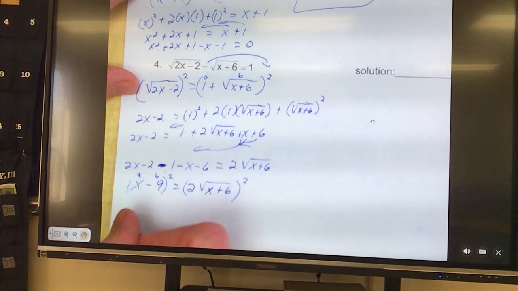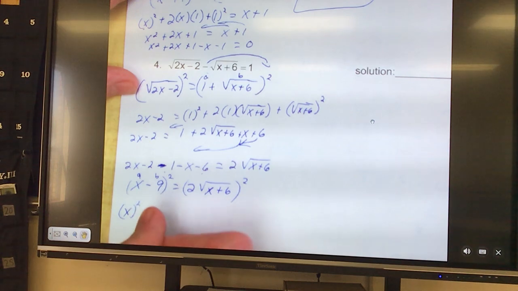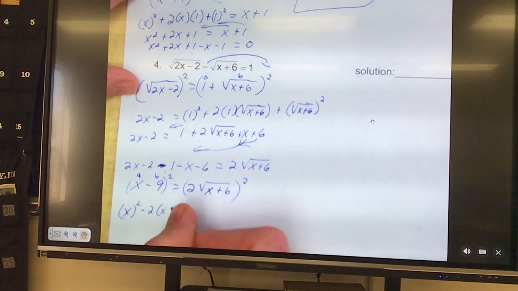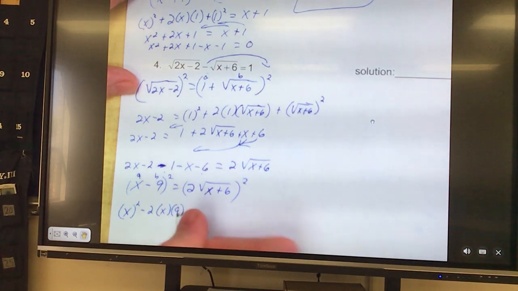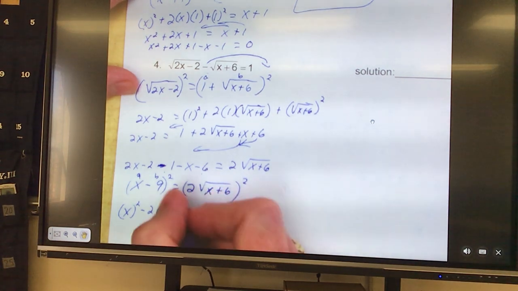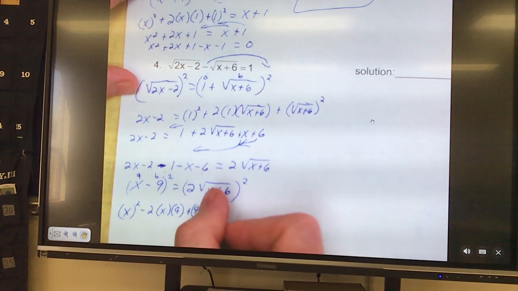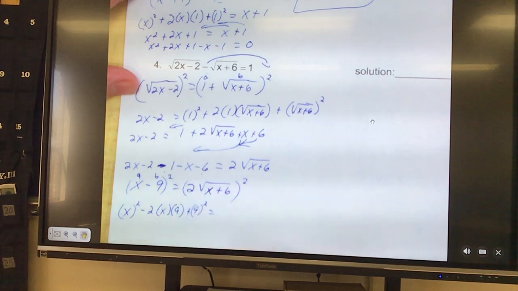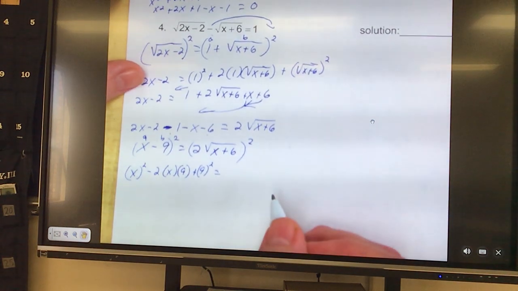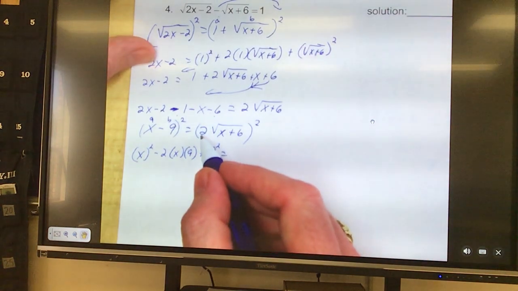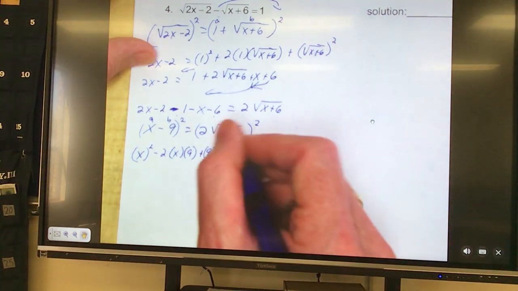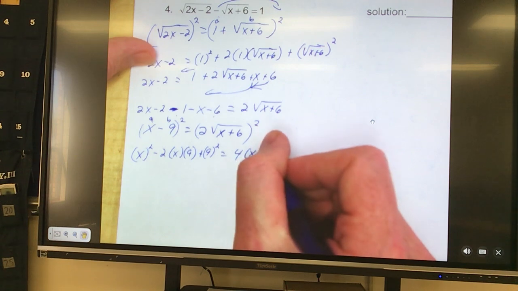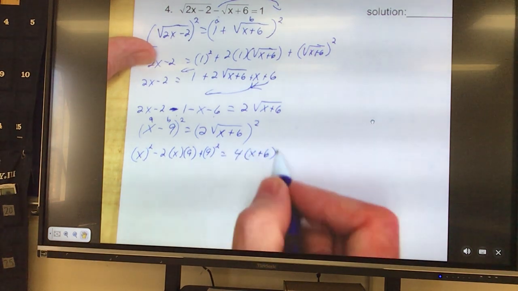So a is x squared plus or minus, so it's a minus 2 times a, which is x, times b, which is 9, plus b, which is 9, squared. On the other side, the 2 is outside, so 2 squared is 4. What's underneath just drops, and it's a pair of these, so it has a drop in the parentheses, x plus 6. So I've got to distribute now.